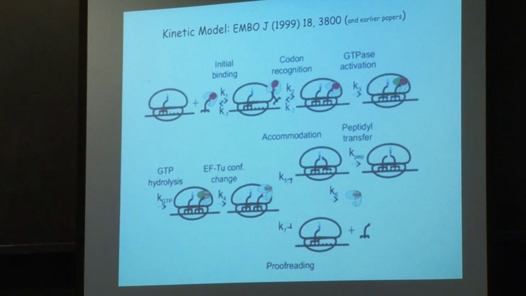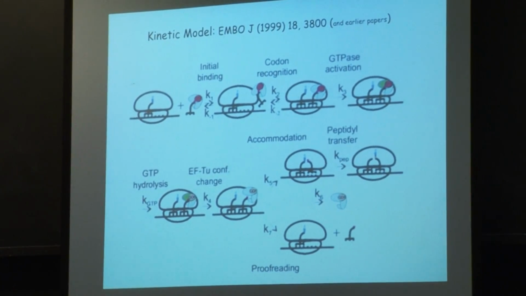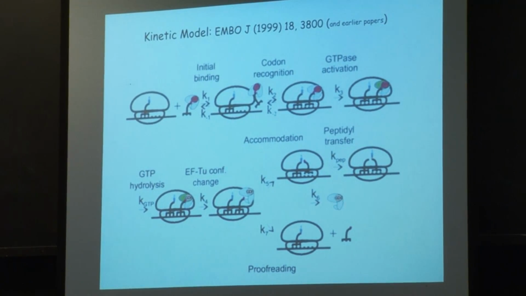Wasn't that part of their reasoning, that the difference between a cognate versus a mismatch influences the rate of the reaction based on how it can affect a conformational change? Wait, so that's exactly what that's going to happen.